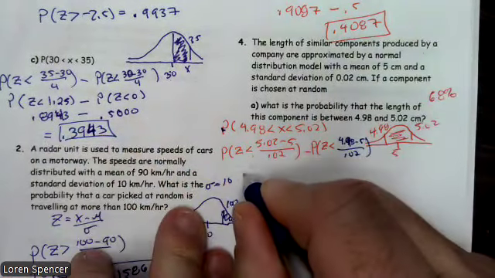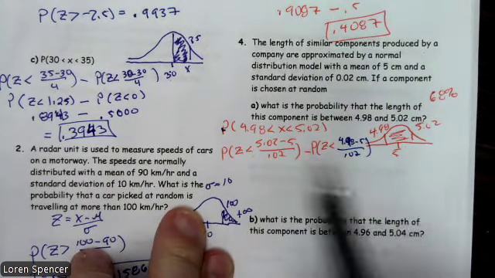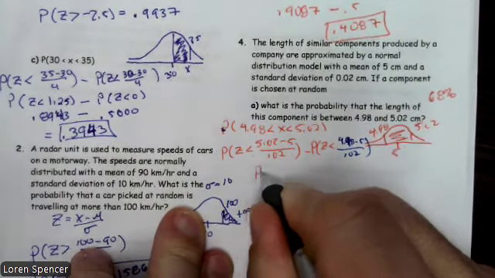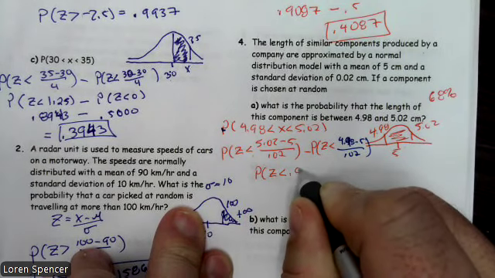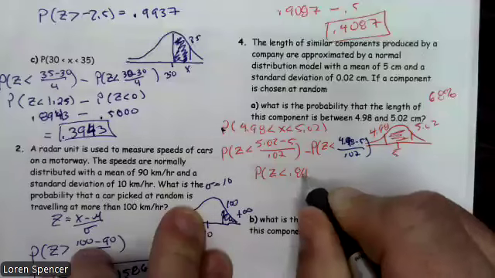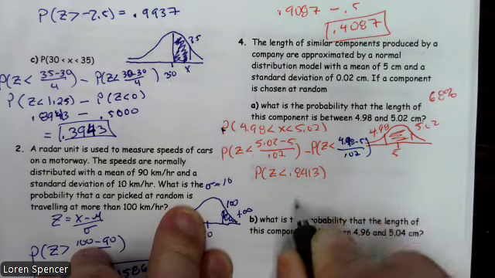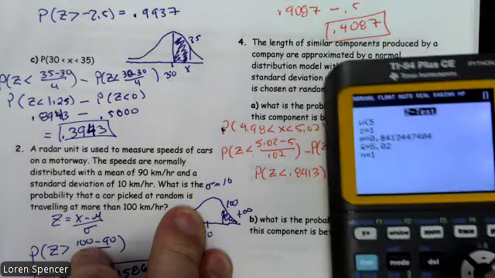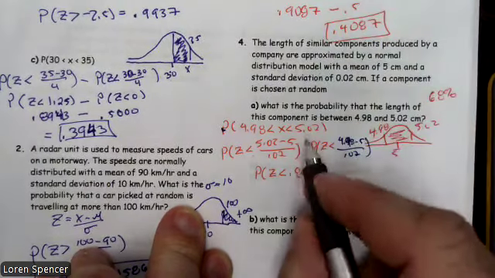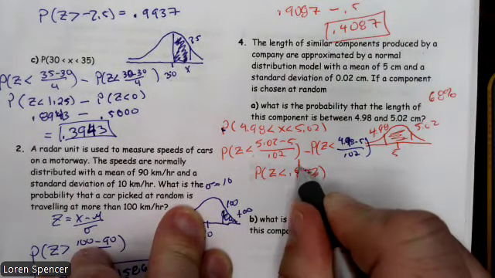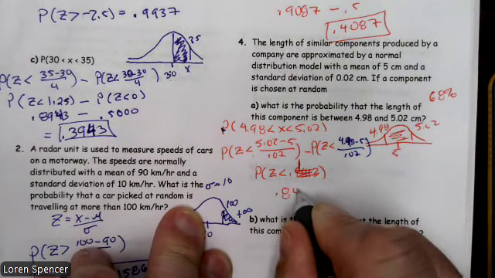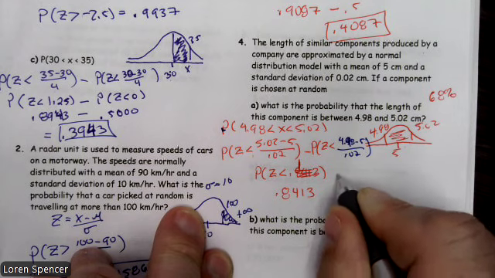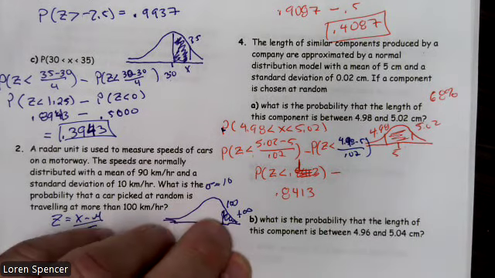So the probability that Z is less than 1, I'm sorry, the probability of Z is 1 equals 0.8413.